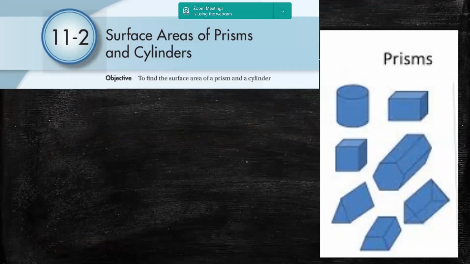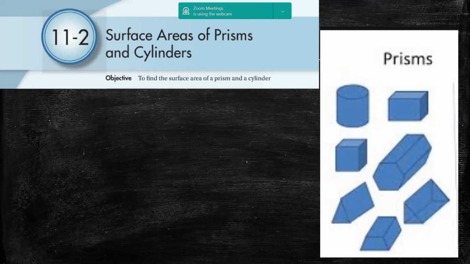But for the three-dimensional shapes, we will not talk about perimeter and area. Perimeter and area are only for the two-dimensional shapes. For the three-dimensional shapes, we will talk about surface area and volume.